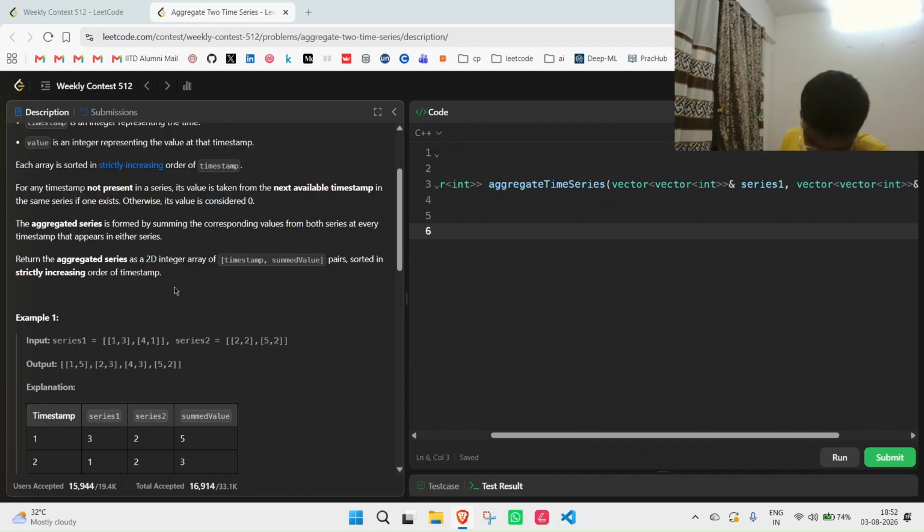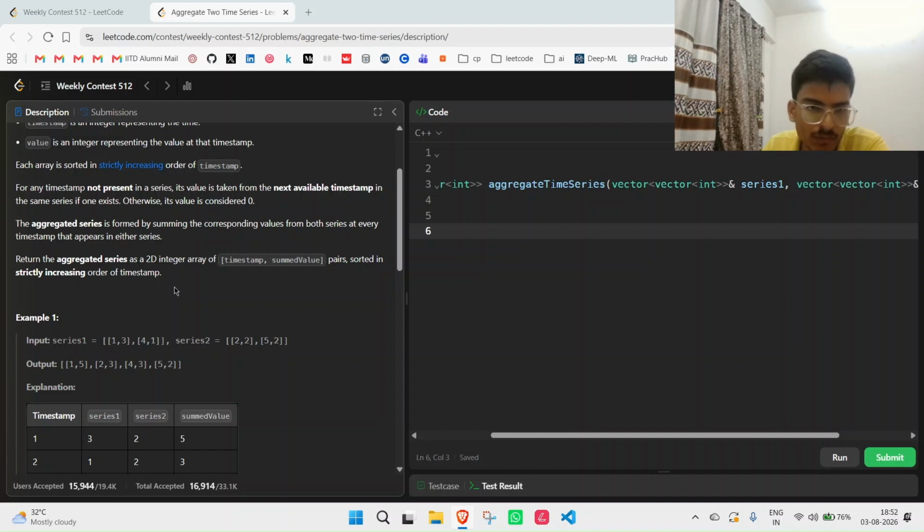The main thing is that if any timestamp is not present in any series, we have to search in that series itself for the next available timestamp, if one exists, otherwise the result will be 0.